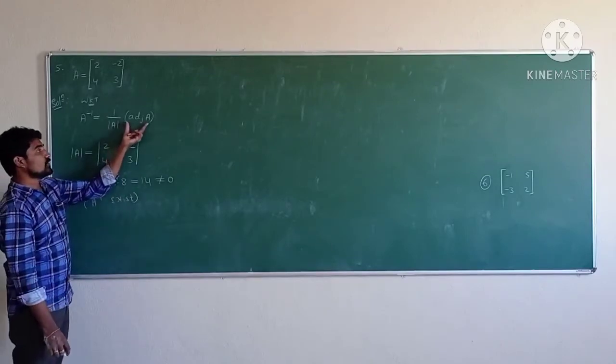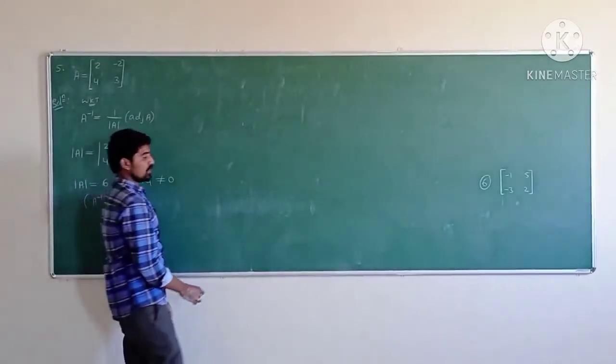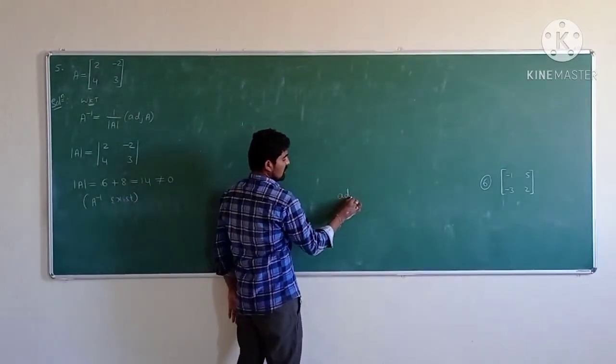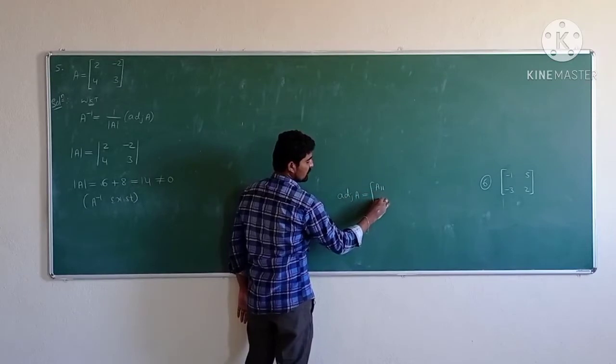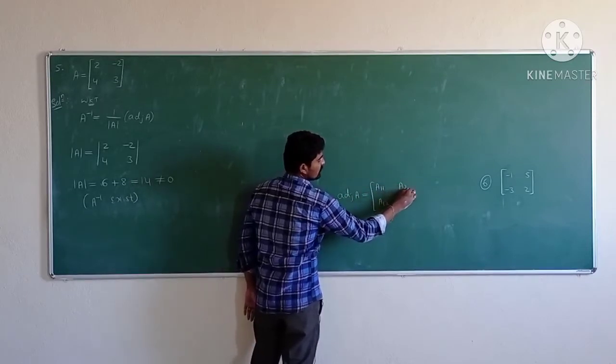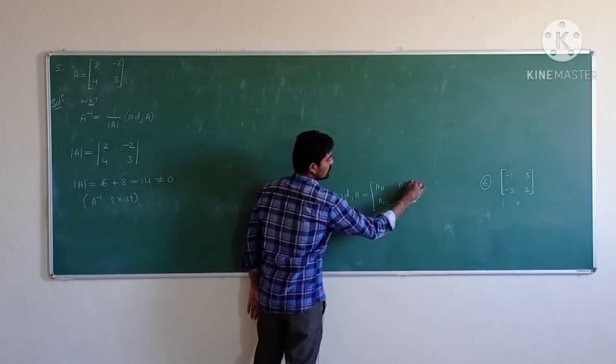Next, we need to find the adjoint of the matrix A, and we know that adjoint of matrix A is equal to [A11 A21; A12 A22].